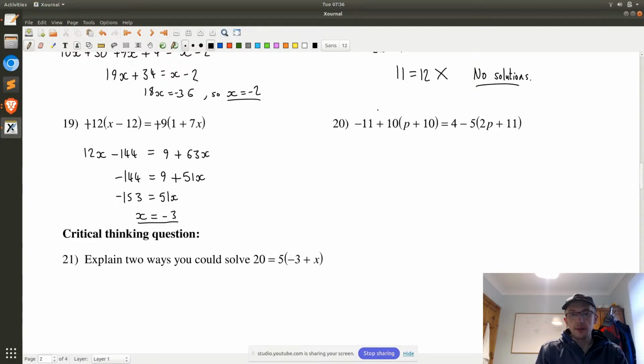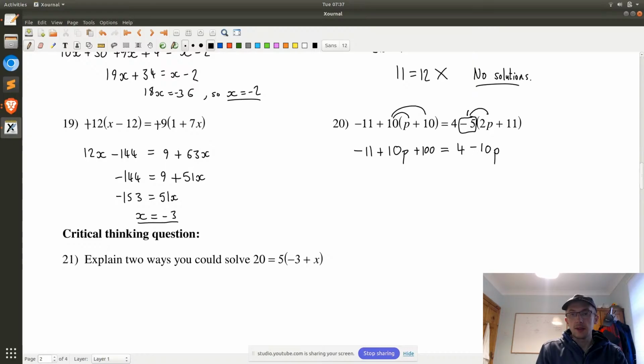Over here, problem 20. Expand on the left. So that becomes 10p plus 100. Great. And expand on the right. You write down your 4, and then you do -5 times 2p. Remember, this sign is included. -5 times 2p, which is -10p.